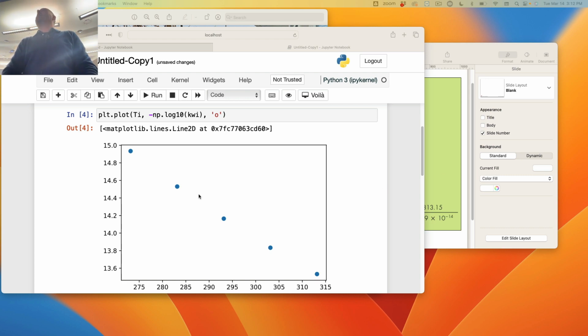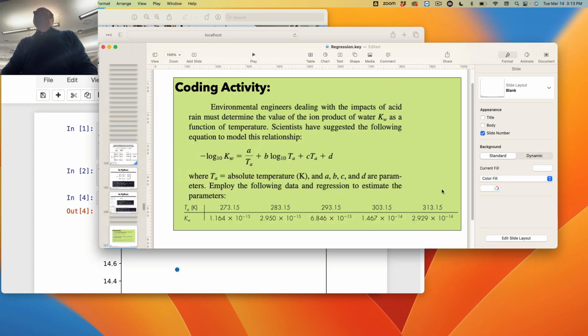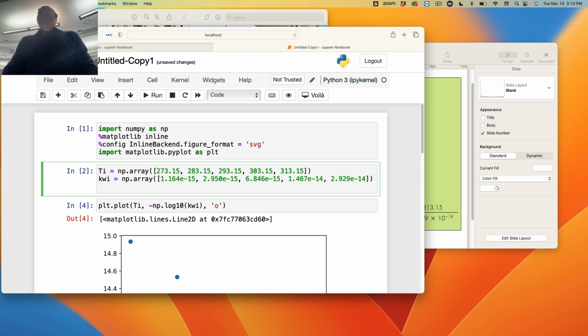All right. For this one, my y data needs to be minus log10 Kw. So I need to process this a little bit, and I'm going to call this kwi underscore. I'm going to say this is minus np.log10 of kwi.